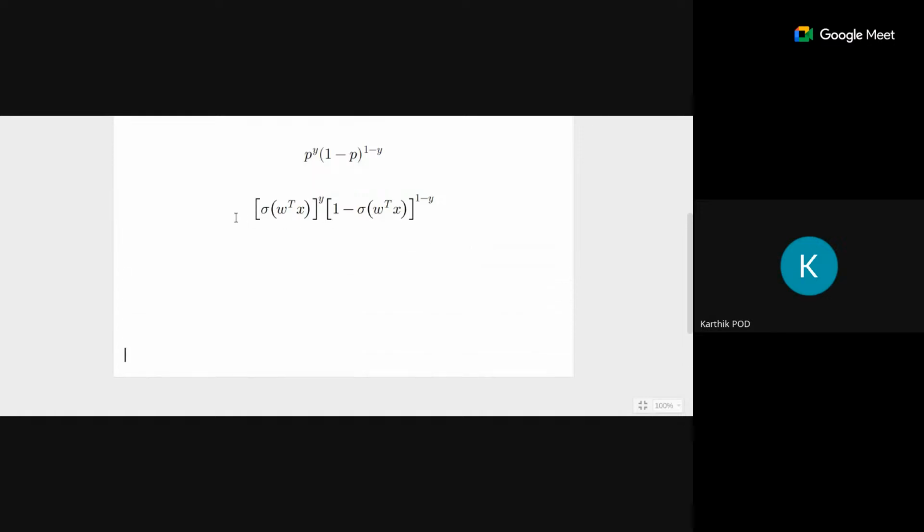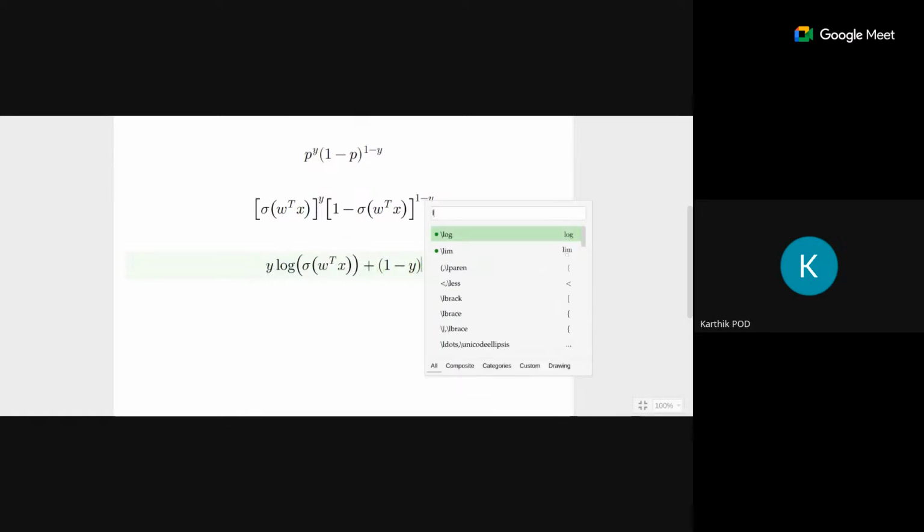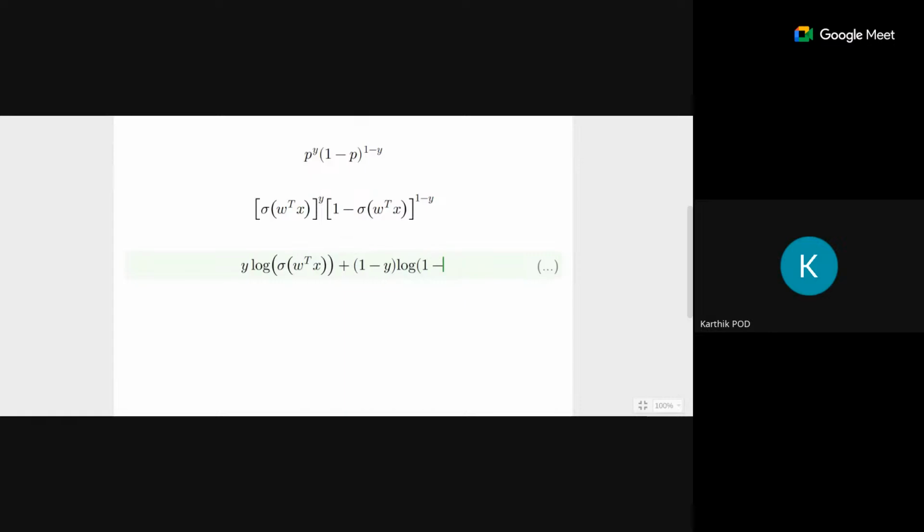So the log likelihood is going to be y log sigma of W transpose X, plus 1 minus y into log of 1 minus sigma of W transpose X. This is the log likelihood.